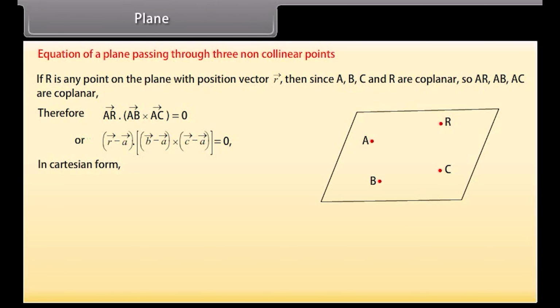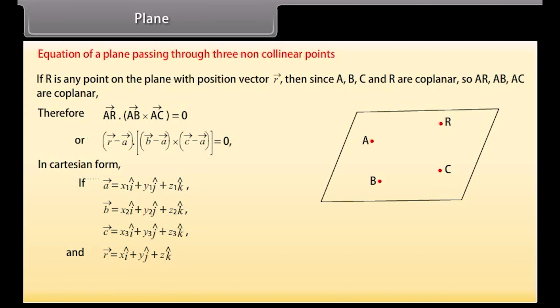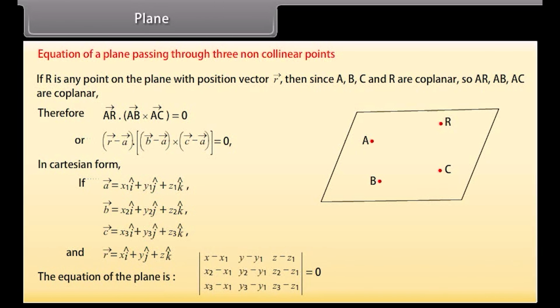In Cartesian form, if vector A equals x1 cap i plus y1 cap j plus z1 cap k, vector B equals x2 cap i plus y2 cap j plus z2 cap k, vector C equals x3 cap i plus y3 cap j plus z3 cap k, and vector R equals x cap i plus y cap j plus z cap k, the equation of the plane is the determinant, row-wise: first row, x minus x1, y minus y1, z minus z1.